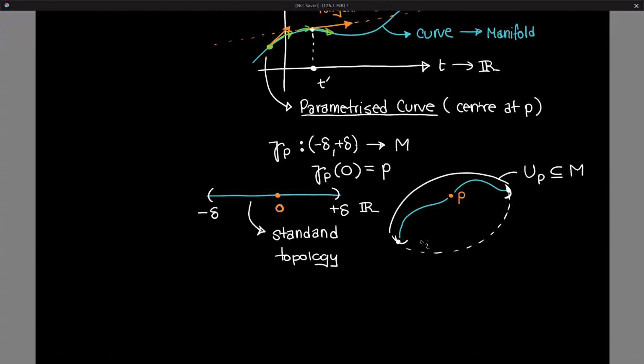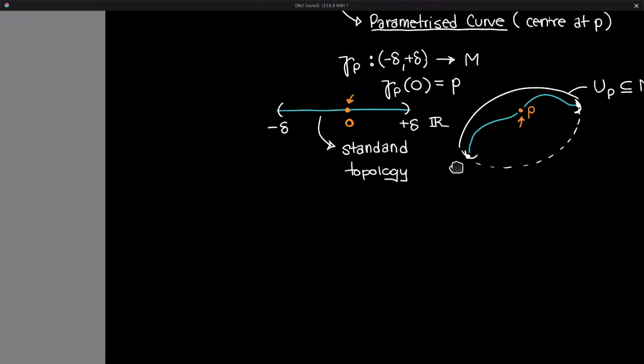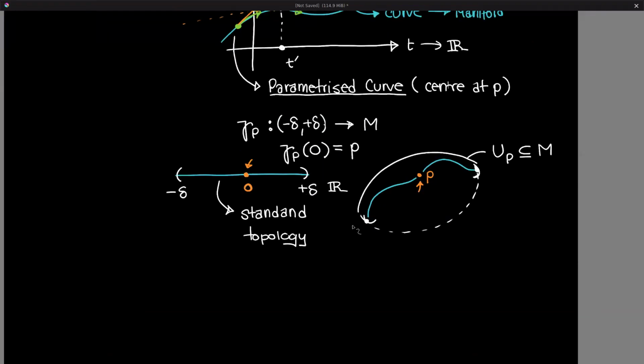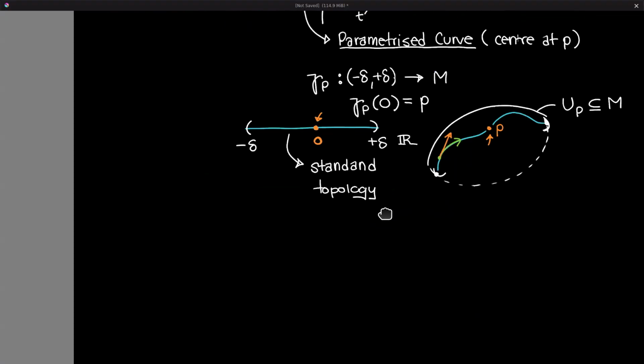So this point here maps to this point here. So again, we can think of the point as tracking along this curve, and when we take the derivative of that point, we should be able to get an arrow that is tangent to the curve at that point. That's what we're looking for here.